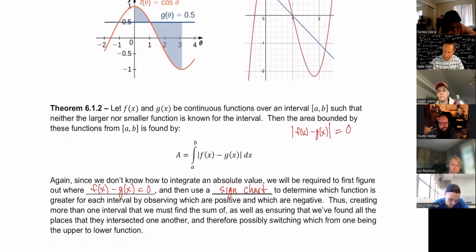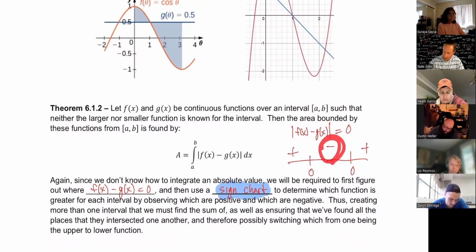We're going to use that sign chart for anywhere there is a negative, however many zeros we get, right? If it goes positive, negative, positive, what are we going to do within that interval?